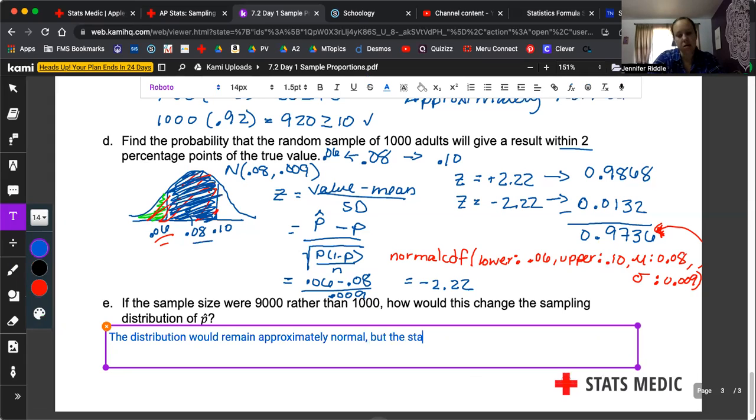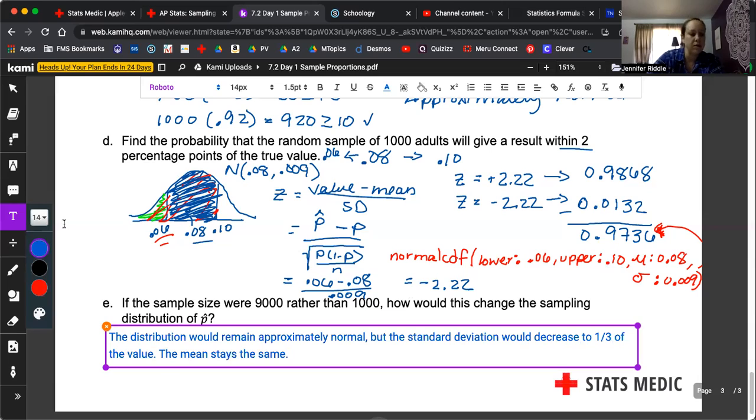But the standard deviation would decrease to 1/3 of the value. And the mean stays the same.